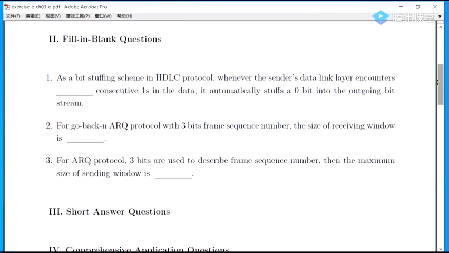Fill in the blank questions. As for the bit stuffing scheme in the HDLC protocol, whenever the sender's data link layer encounters how many consecutive ones in the data, it automatically stuffs a 0 bit into the outgoing bit stream.